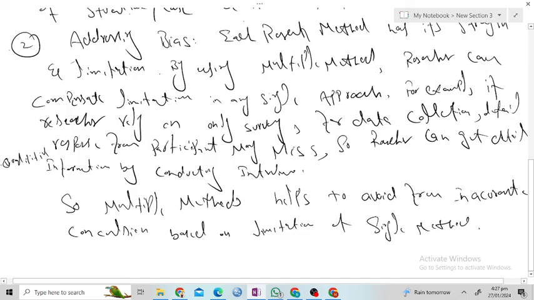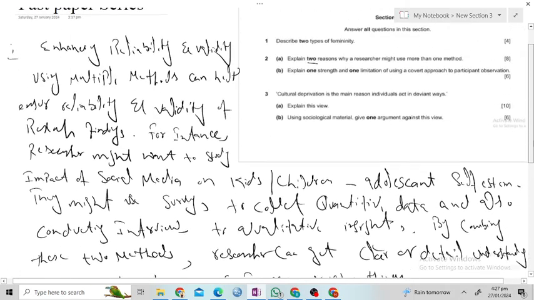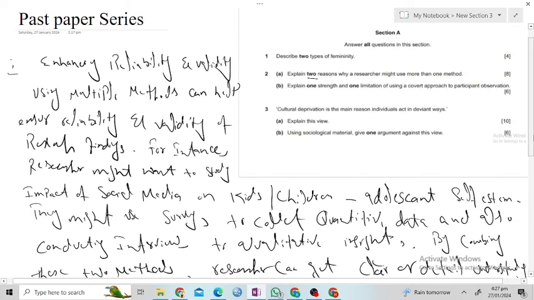This is how you have to attempt the questions. I give you basically 4 points to attempt an 8 marks question. One, you need to give a heading. Next, you have to explain the heading. Third, try to use the sociology material explanation, and meanwhile you can give an example just to make it more prolific, and then in the end you need to draw the conclusion on how your heading is supporting the question.